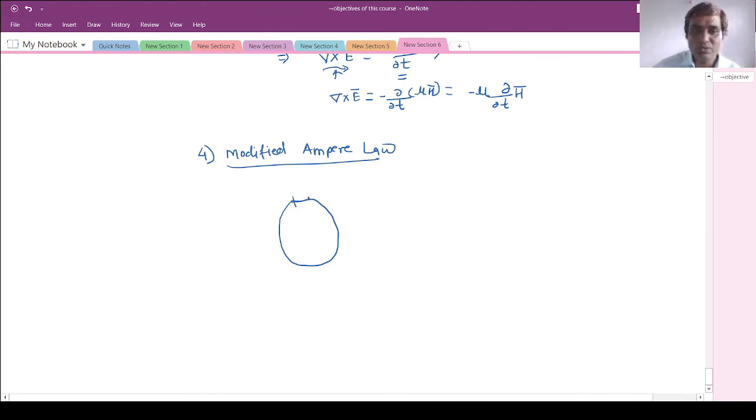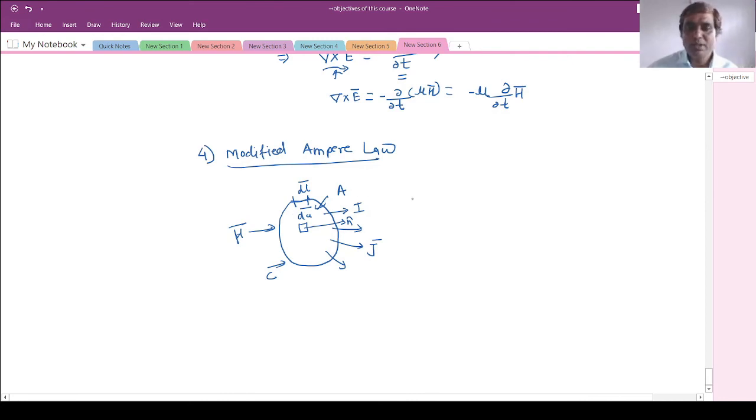To do that, let me take a small segment. Suppose this is my area A, this is the current I, this is the current density J bar, and this is my contour. Similarly, there will be a magnetic field strength H bar, and let me take a small area dA bar, which will be moving in this direction.